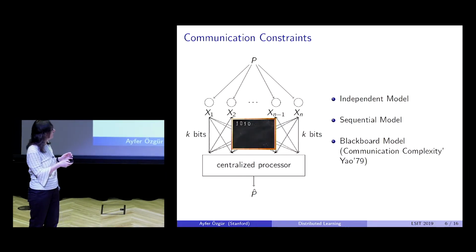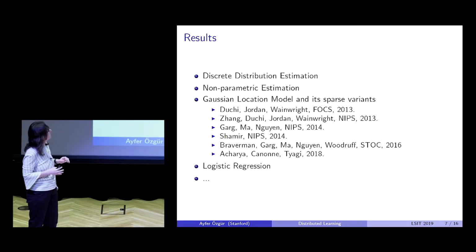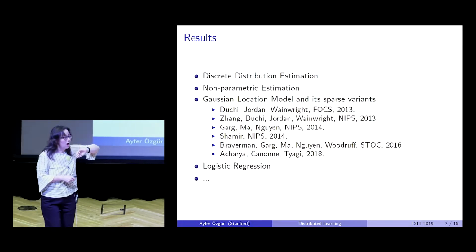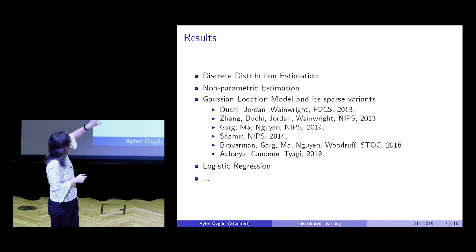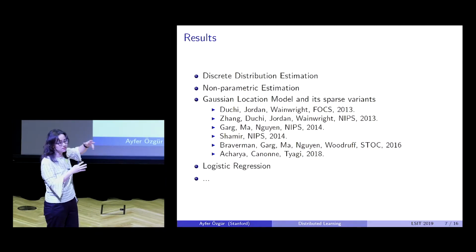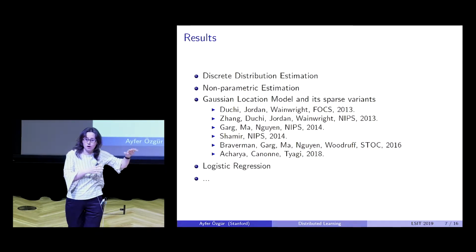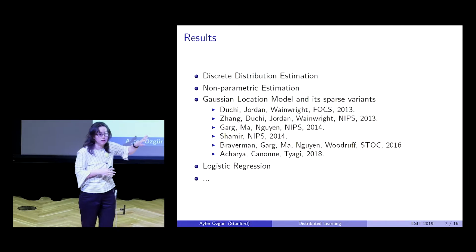At this point, we have a few results on a few slightly different settings: discrete distribution estimation, non-parametric estimation, and parameter estimation, for which the Gaussian location model is one special case. Indeed, for this particular case, the Gaussian location model and its sparse version have been studied in the literature before us under communication constraints.